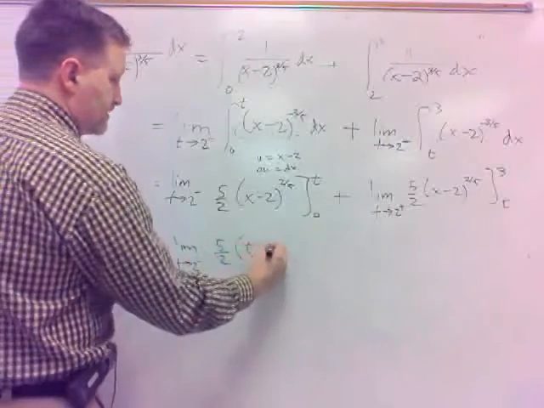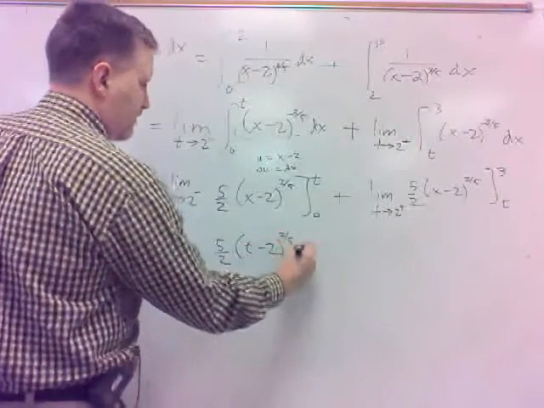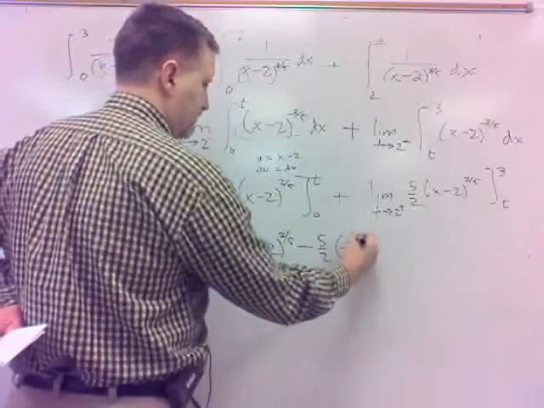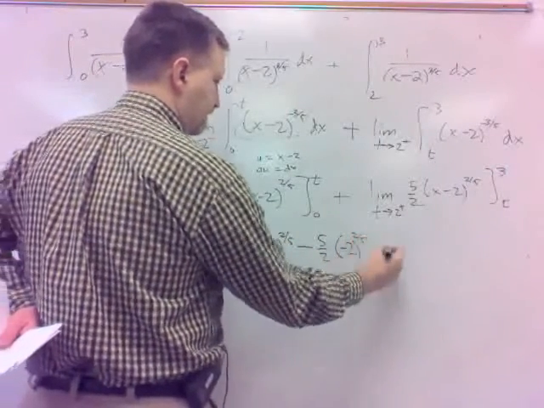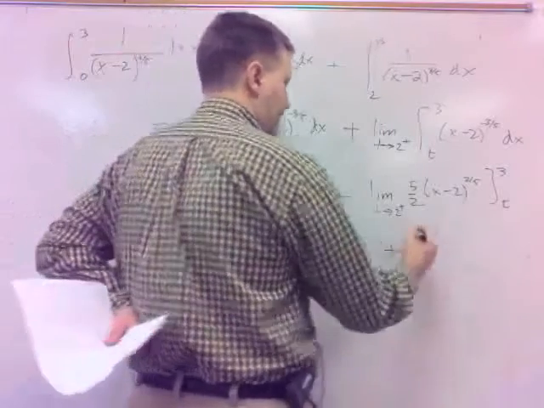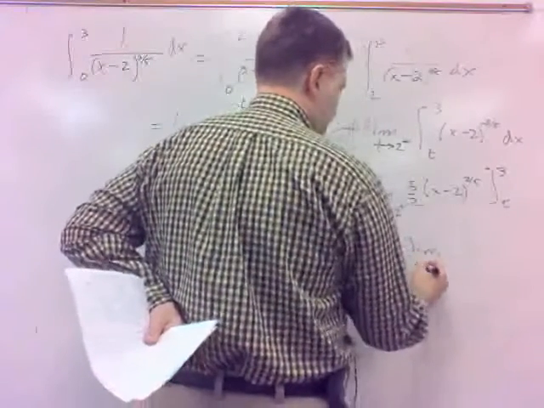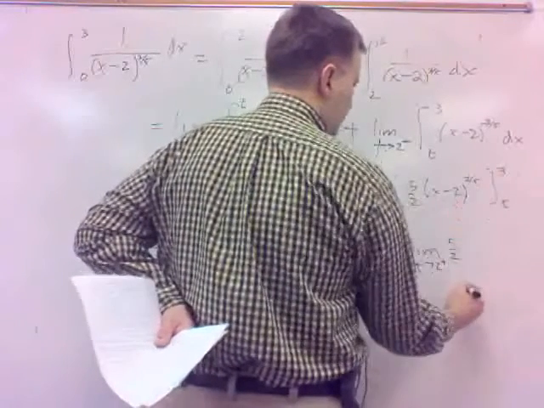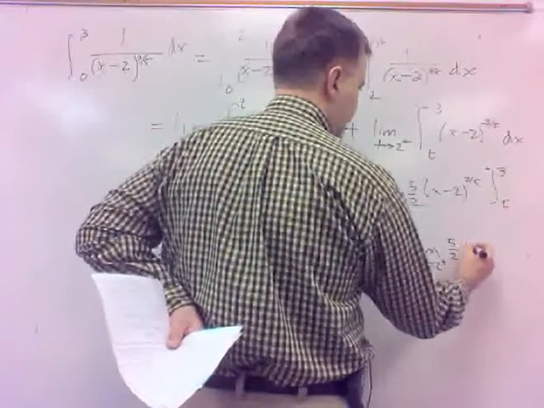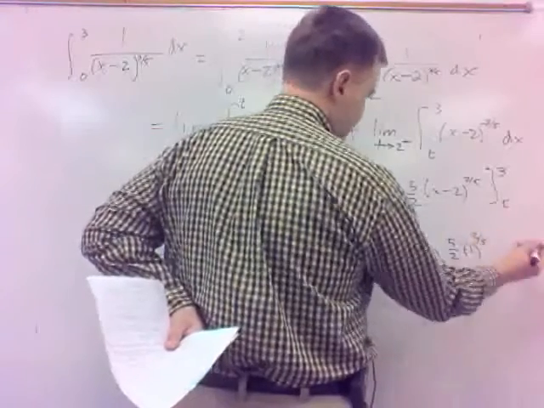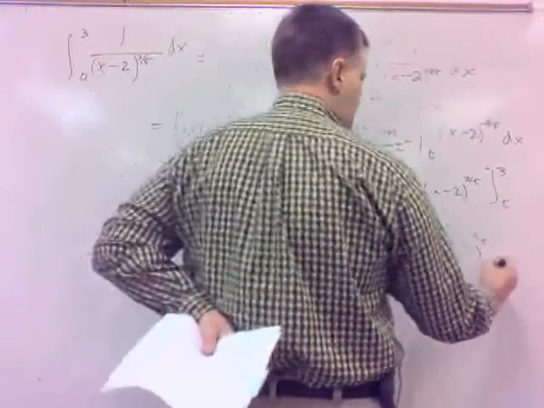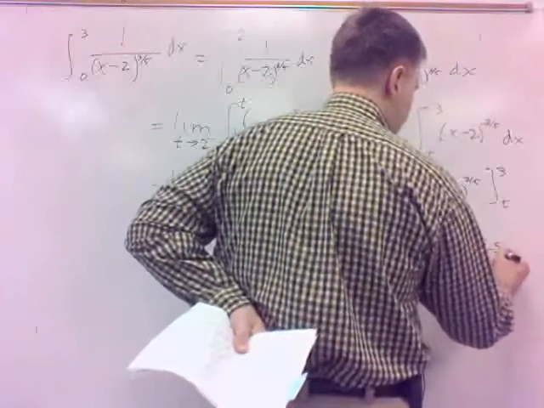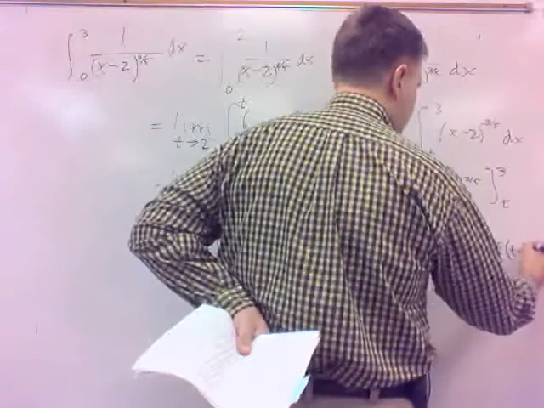So that'd be t minus 2 to the 2/5 times 5/2, minus 5/2 times negative 2 to the 2/5. Then over here, I'll have the limit t goes to 2 from the positive side, so that'd be 5/2. Plug in 3, you got 1 to the 2/5, which is 1. And then minus 5/2, squeeze it in there, t minus 2 to the 2/5.